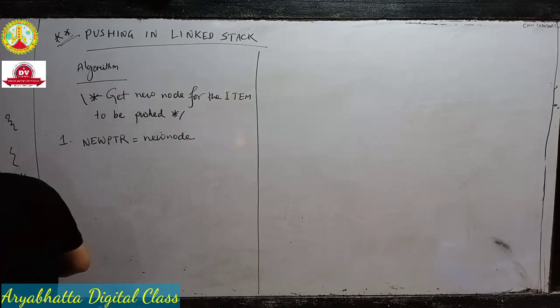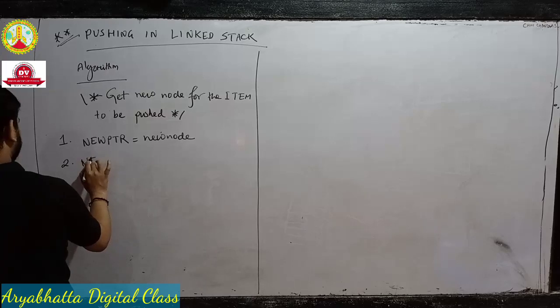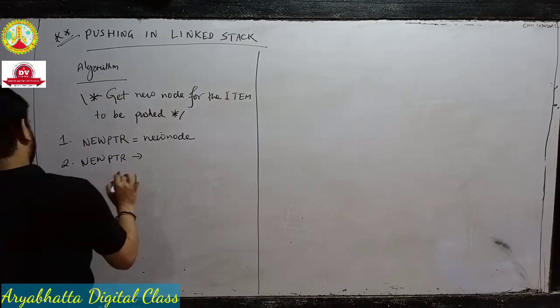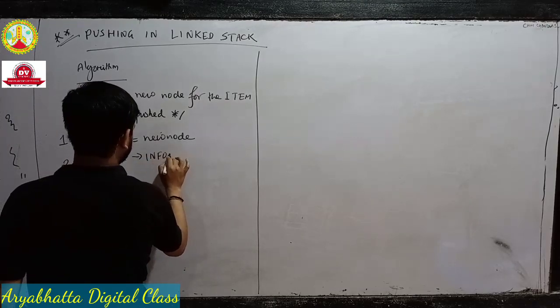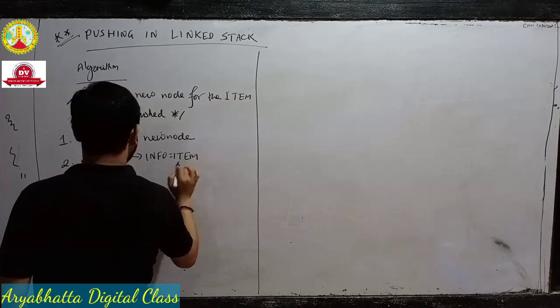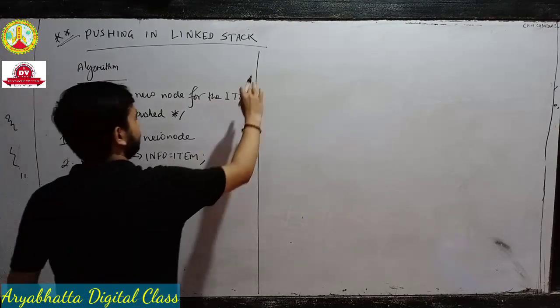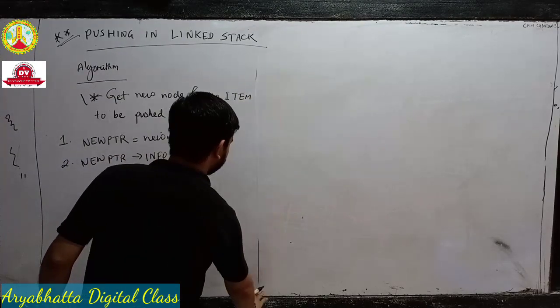If you understood the logic, then you easily understand the algorithm. And if you understood the algo, then you easily understand the program also. Info item. Okay, I write it in one line here.